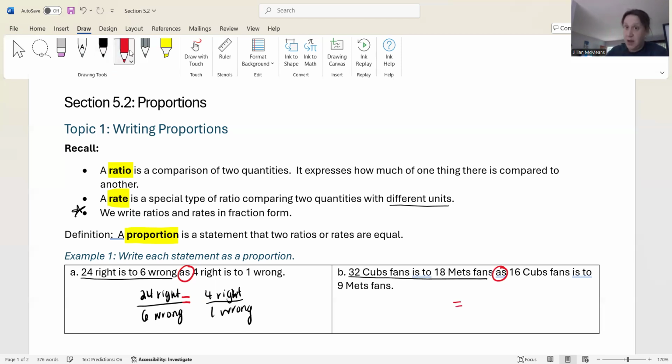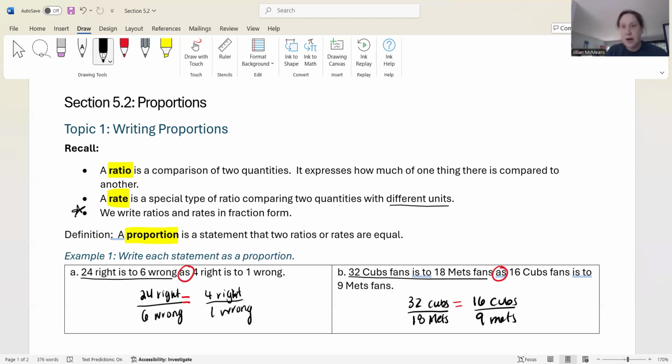Equals is going to be the word as, so you see the word as is our equal sign, and then everything after as is the second rate. So let's write it out. So for our first rate, we have 32 Cubs fans to 18 Mets fans as, and then for the second rate, we have 16 Cubs fans to 9 Mets fans.